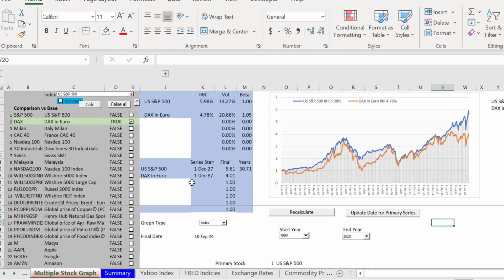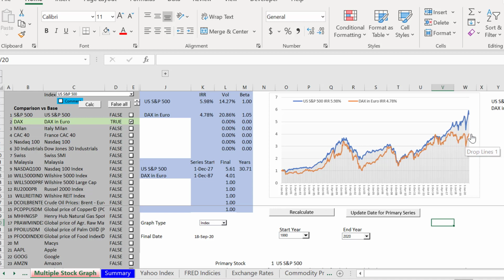Since 1990, you would have earned about 5% real on the US stock market, and about 4.7, and you can see right here, this is, I think, the effect of the tax law, just about exactly what it would be.